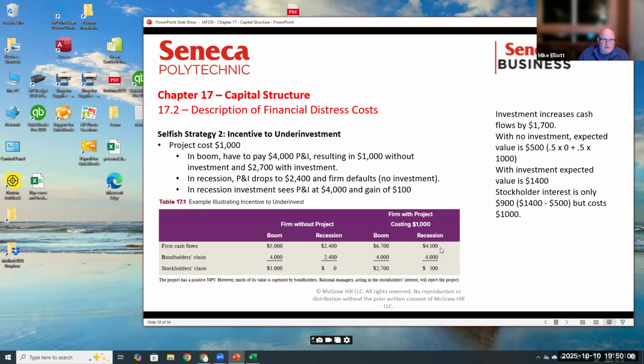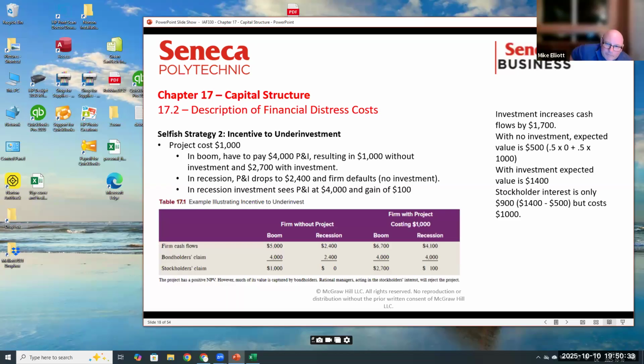Now we have $4,100. The bondholders' claim is $4,000. We have $6,700 in a boom, so we have $2,700 to pay off to stockholders. In the recession, we're at $4,100 now. We owe $4,000. We only have $100 left for stockholders.